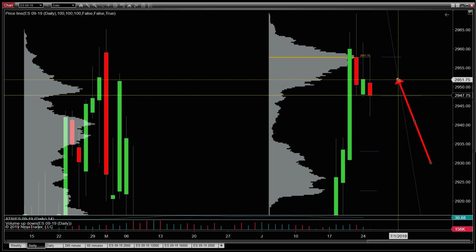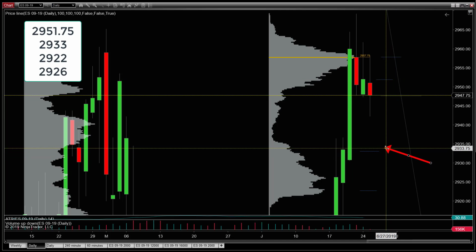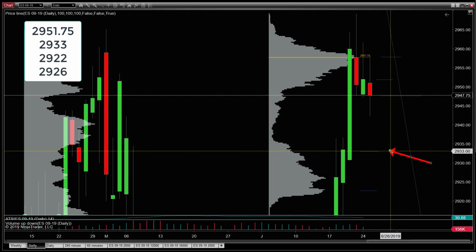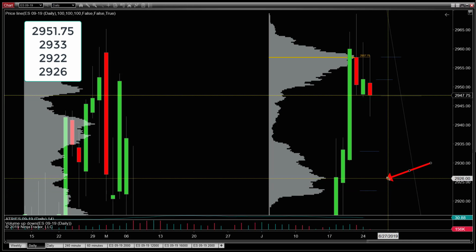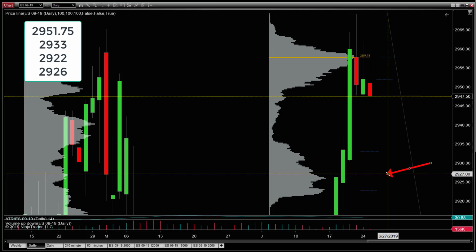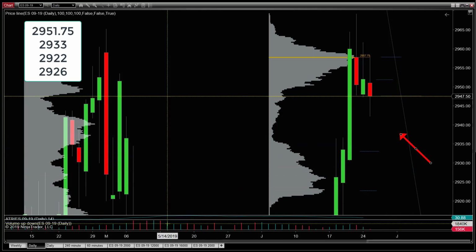This is 51.75. This one is 29.33, and this one is 29.22. It doesn't mean that these other levels can't become levels right here, like 26.